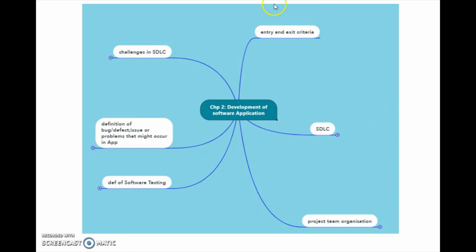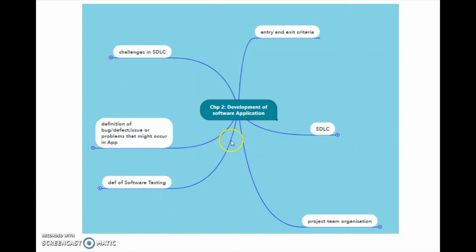Okay, then we have seen the challenges that the team faces while developing the application, and because of those challenges there are issues in the application, and those issues are nothing but a bug or a defect. Okay, and to identify the defects, what we have to do is called software testing. So this is the entire brief of the earlier chapter.